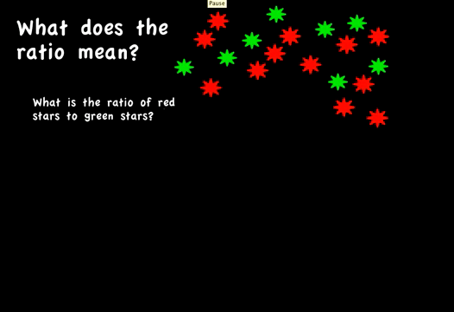So first, let's go ahead and identify our categories. All right, well I see red stars and green stars. So red stars, there are 12, and green stars, there are 8. All right, and let's do total stars, which would be 20.